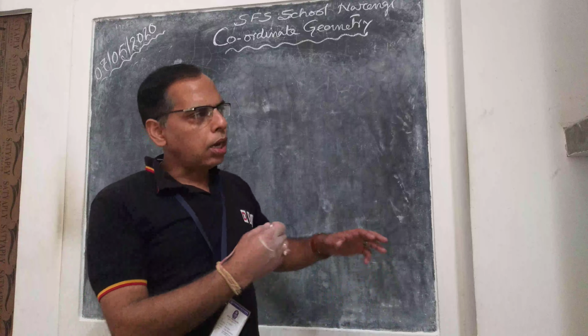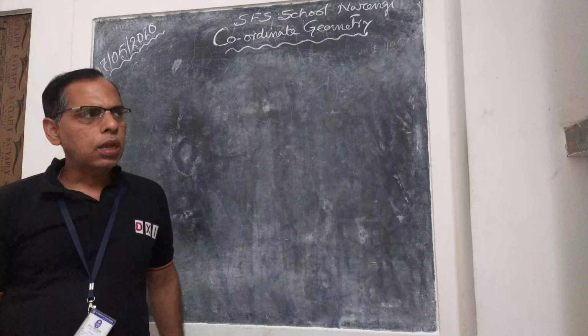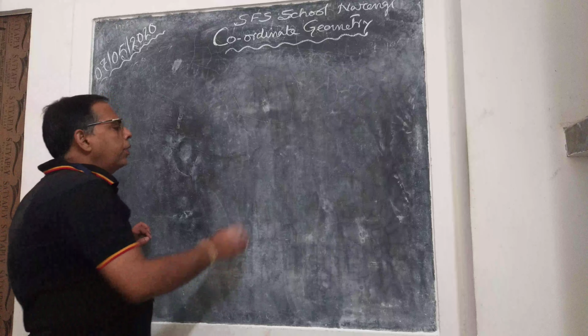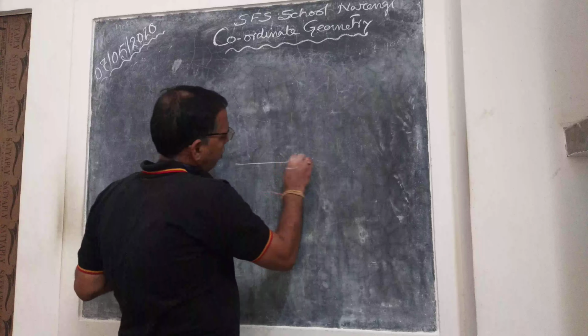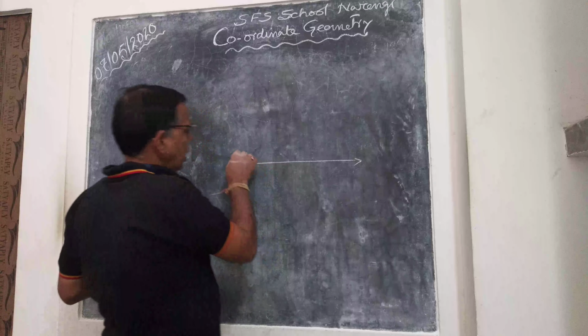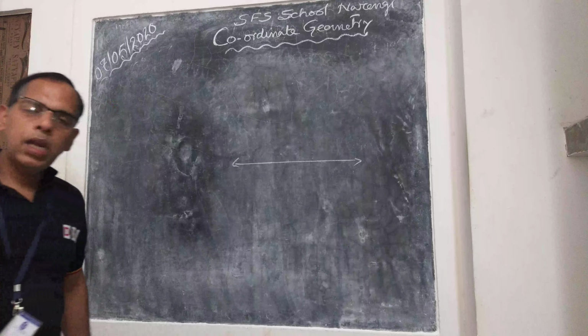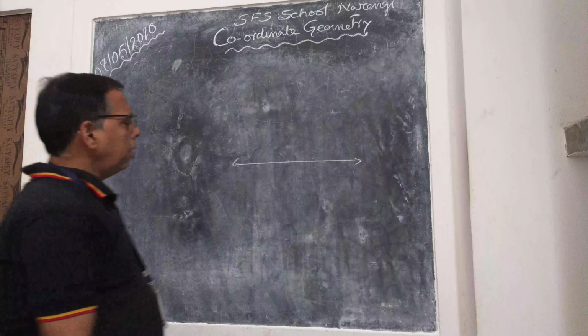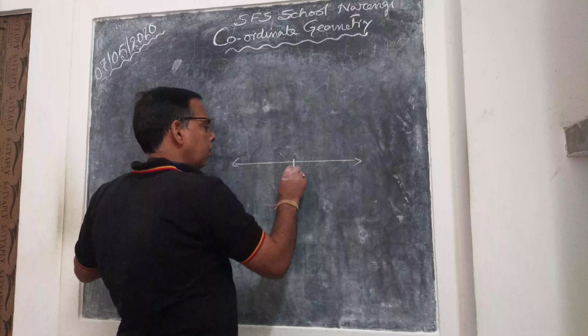Now before I start actual part of this, let me start with something else. That number line you got in your first chapter, in your earlier classes and all. Then you can see one thing. In the number line, 0 is in the middle.